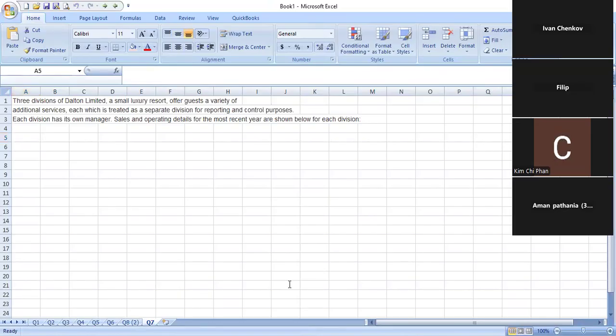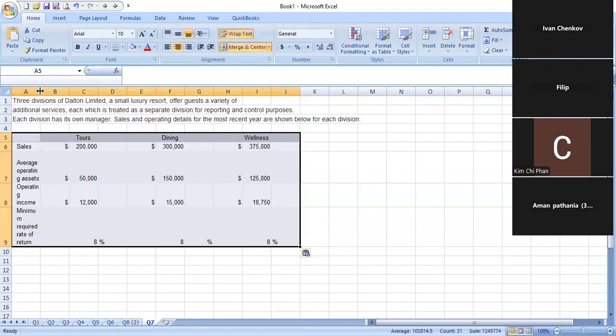Let's move now from these variances to something else. Enough with the variances. Let me find this question. Where is it? Continuation. Okay, and this will be my paste.